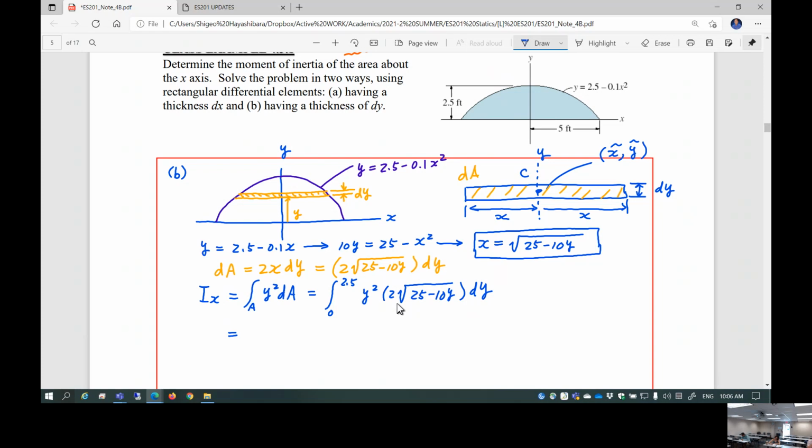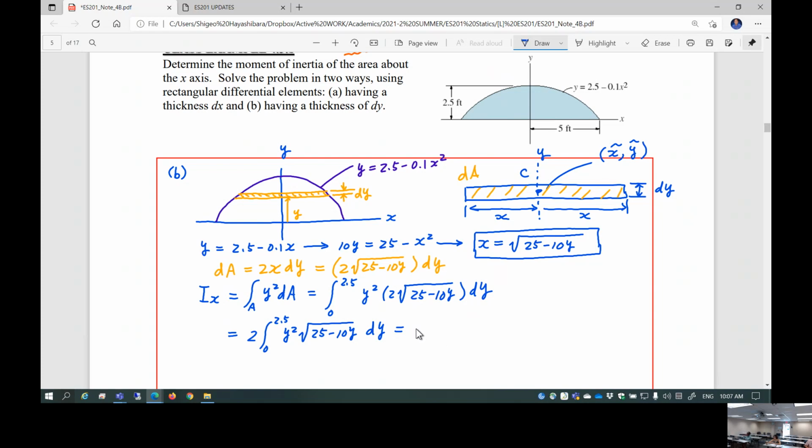So moving on, the 2 goes outside of the integral. Integral from 0 to 2.5 of y squared square root of 25 minus 10y dy.